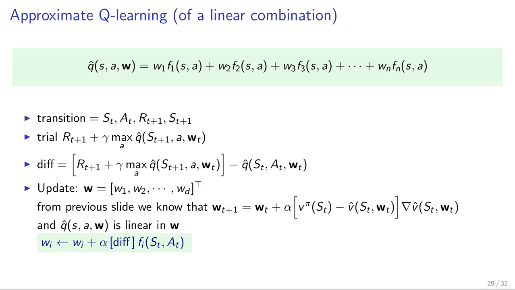This is called approximate Q-learning, because rather than using those tables, you're approximating the Q value based on the state space description, based on some features.